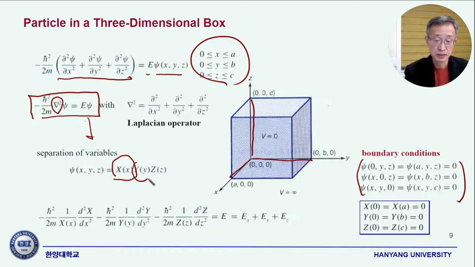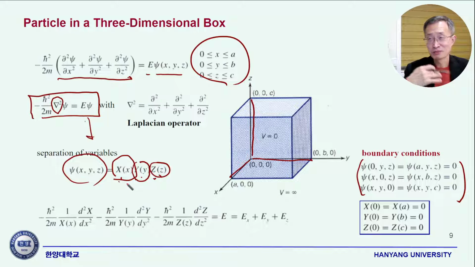Capital X, capital Y, and capital Z have the same form, the square root of 2 over the dimension a, b, or c, times sine of n pi x, y, or z over a, b, or c. The actual total psi is the product of X, Y, and Z.